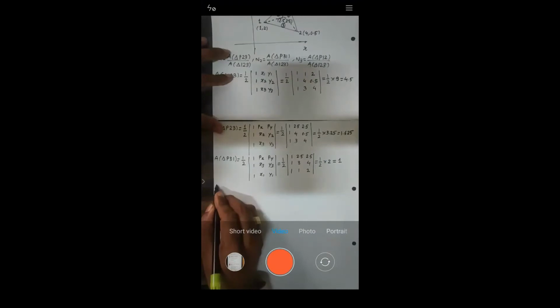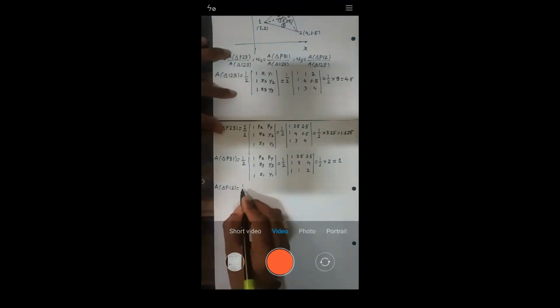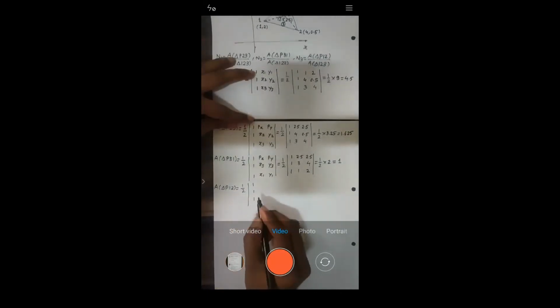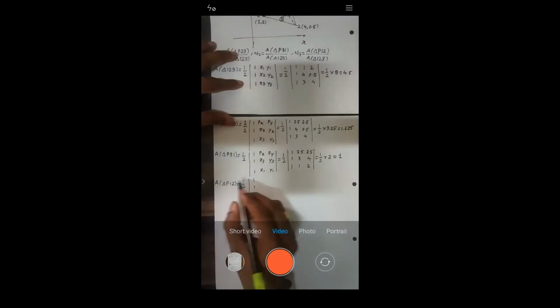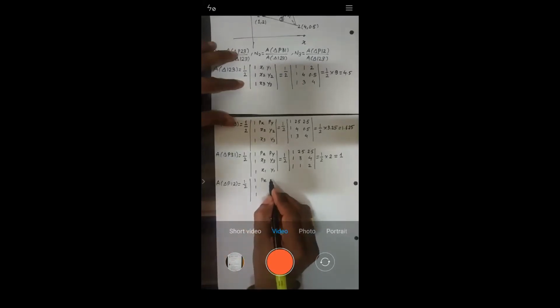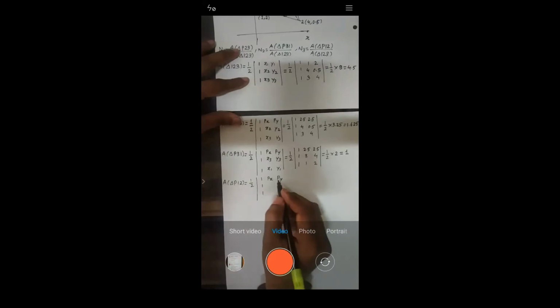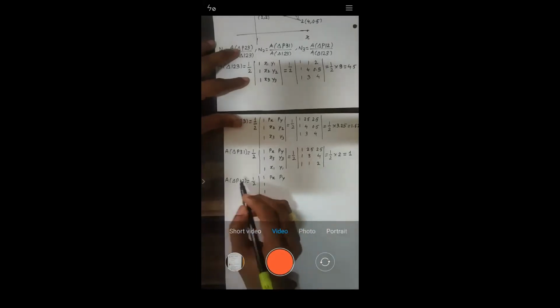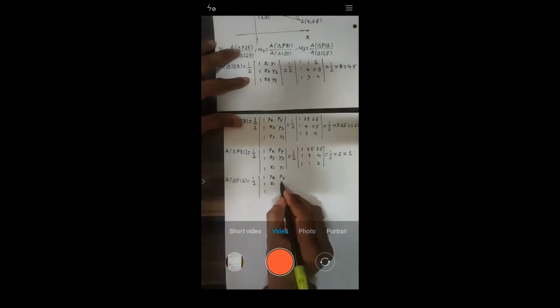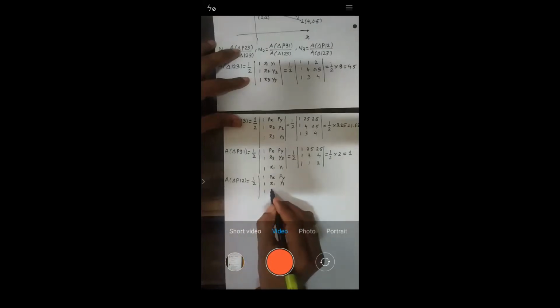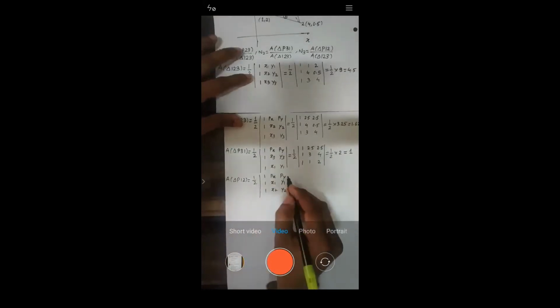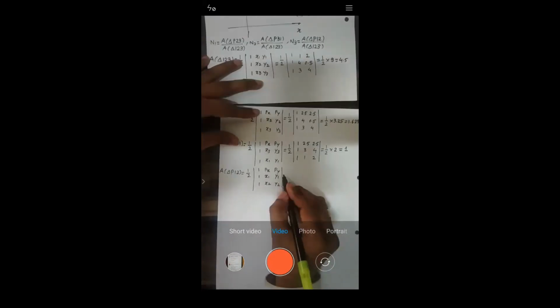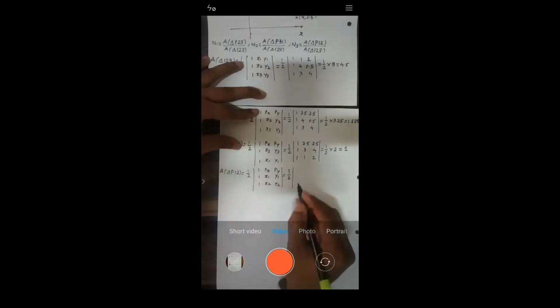So that is area of triangle P12. So it is given by half into 1, 1, 1, right? Then x and y coordinate of node P, that is Px and Py. Then for node 1, it is x1, y1. Then for node 2, it is x2, y2, right? So it is given by half, okay?